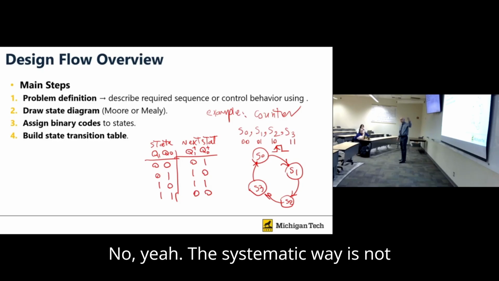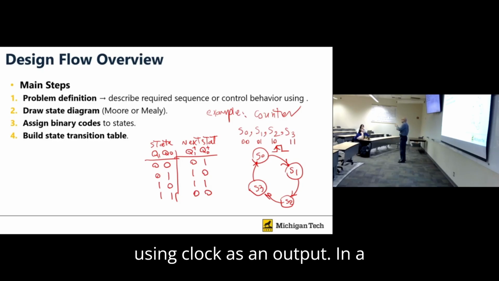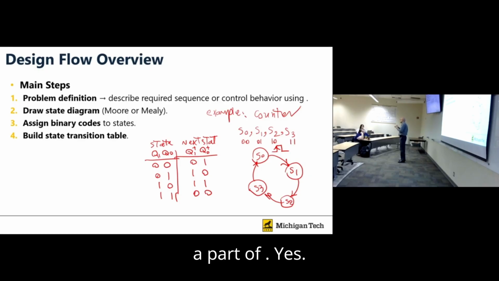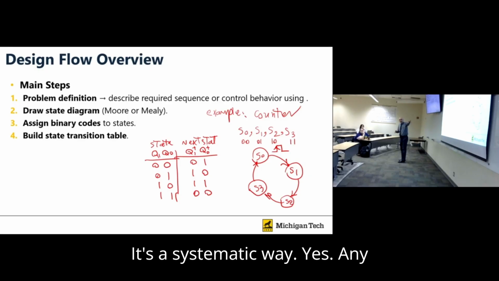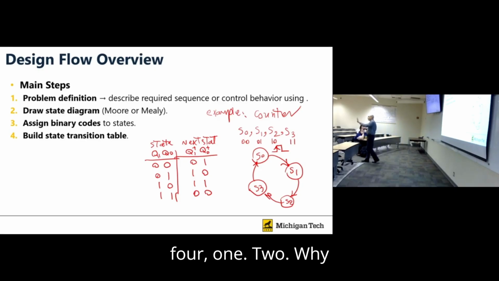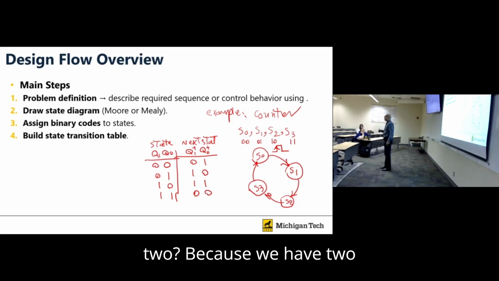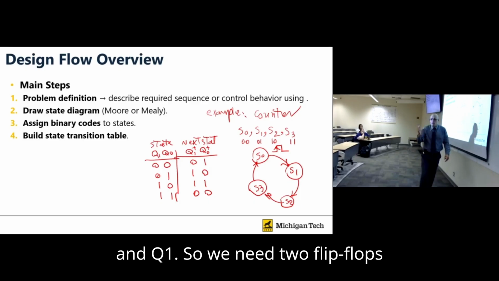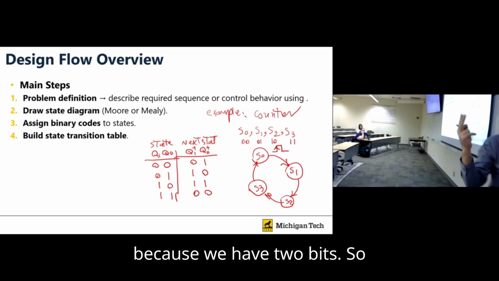In a systematic way, we are not using the clock as part of the answer. Yes, in a systematic way. Any other answer for that? 2. Why 2? Because we have 2 bits. I already mentioned Q0 and Q1. So we need 2 flip-flops because we have 2 bits.